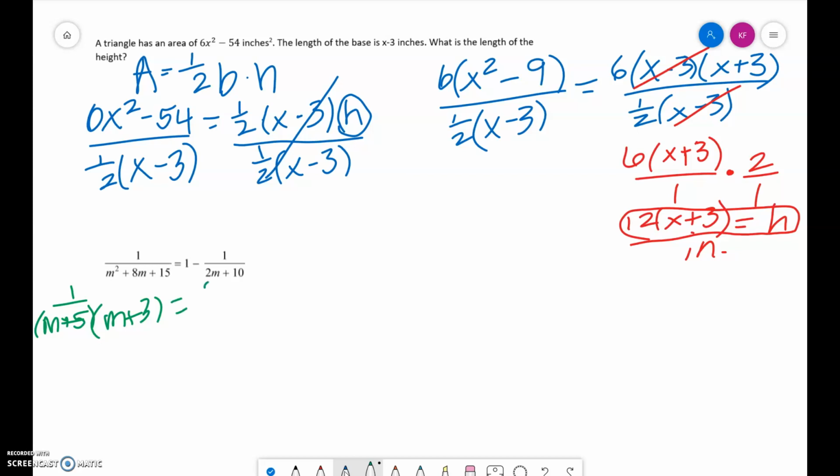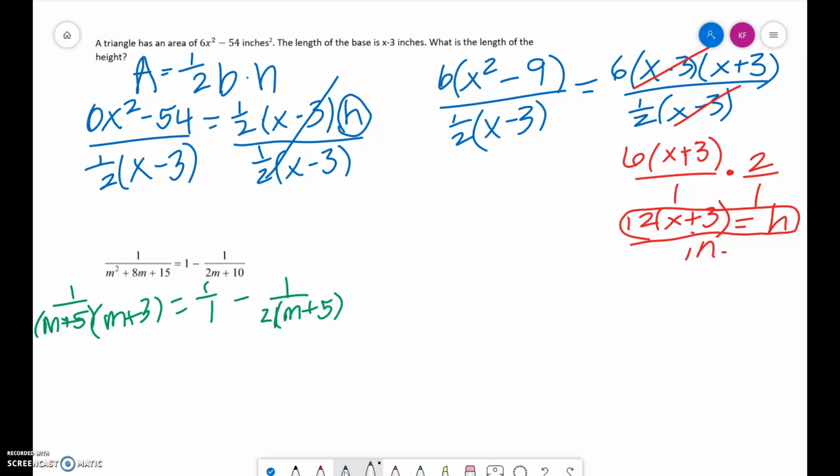And then we have 1 over 1 minus 1 over, if we factor this denominator, we take a 2 out as the GCF, and we have m plus 5. Okay, so what we need to do at this point is make sure that all of our denominators become the same, because once they're the same, then we can work entirely with the numerators and just completely disregard the denominators.